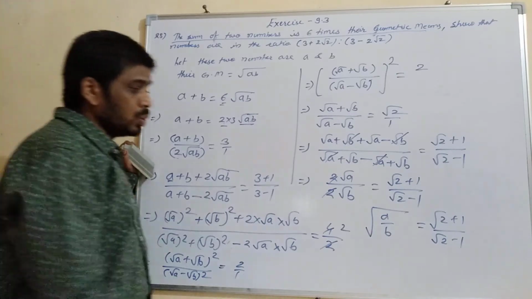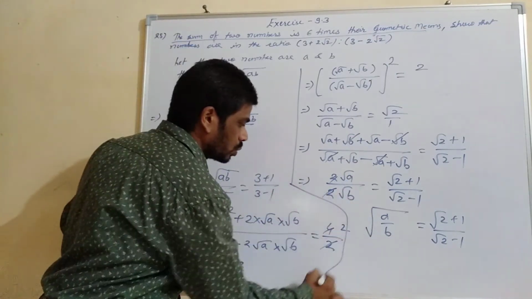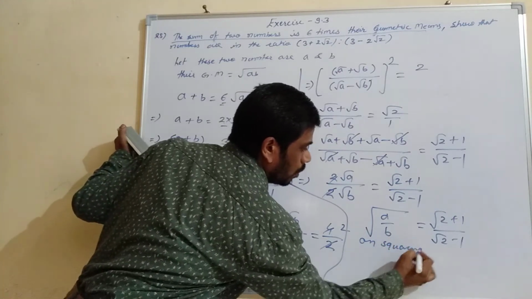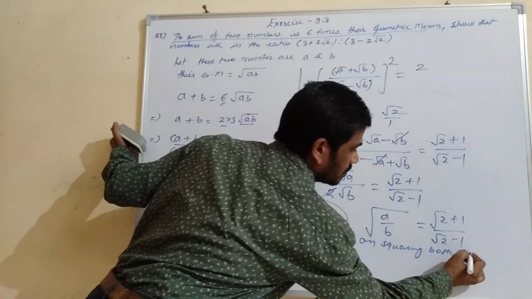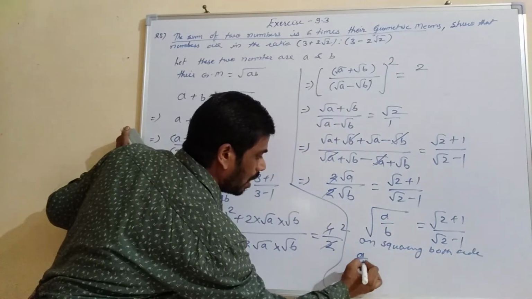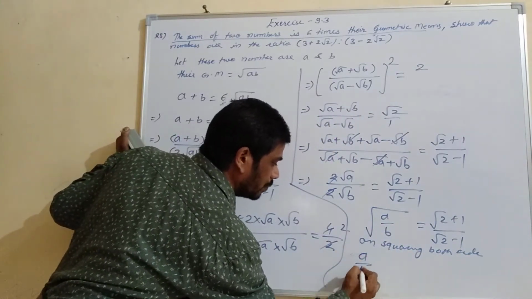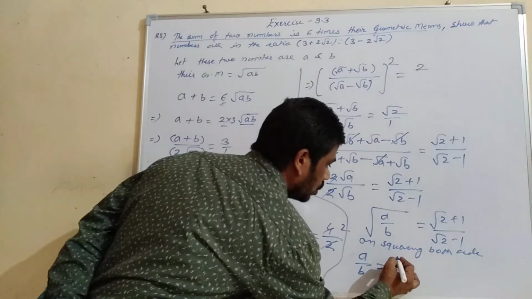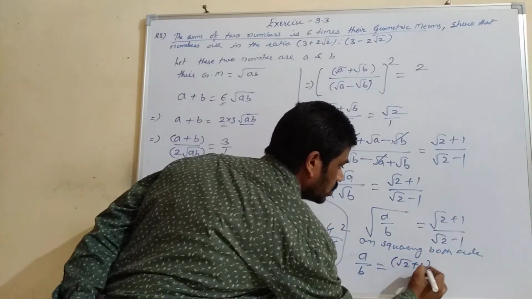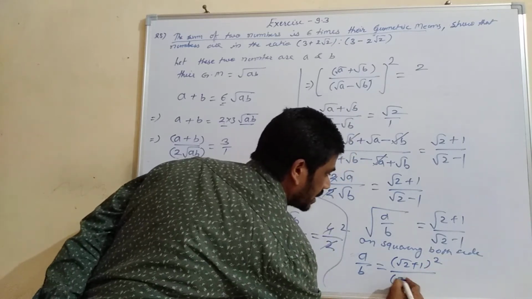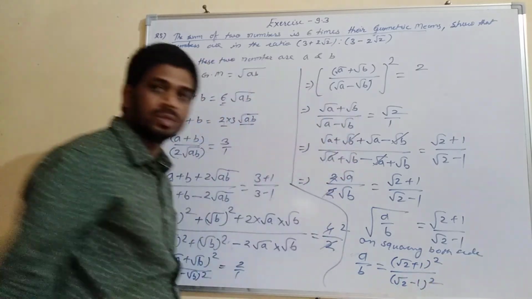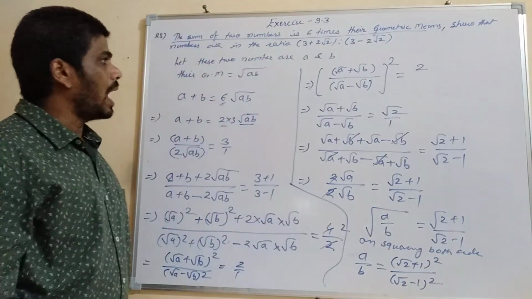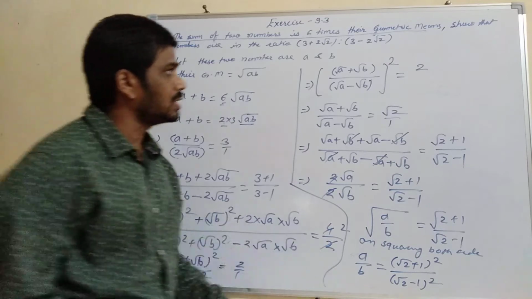Now you can square both sides. So you will get a upon b, a is to b, that we have to prove, equals the square of the numerator upon the square of the denominator.